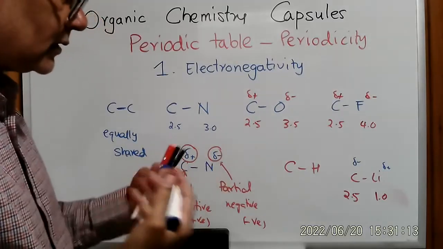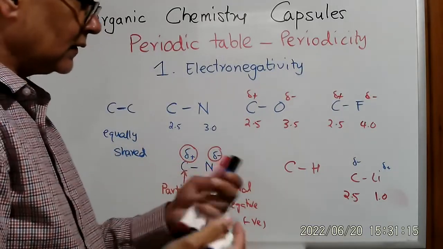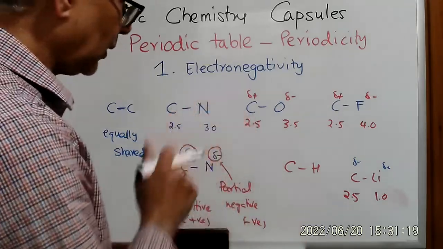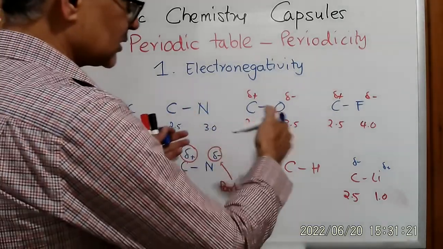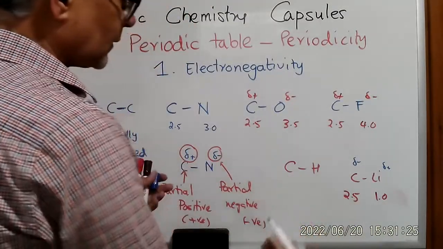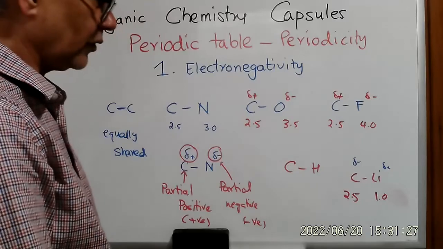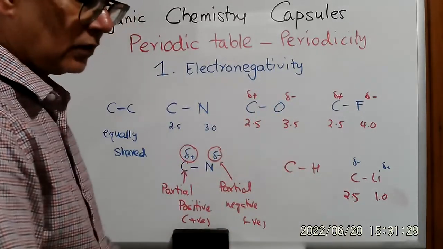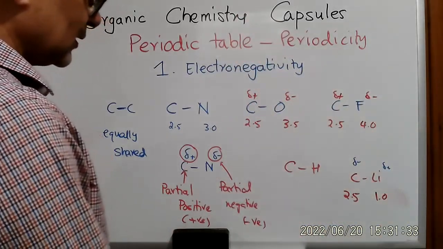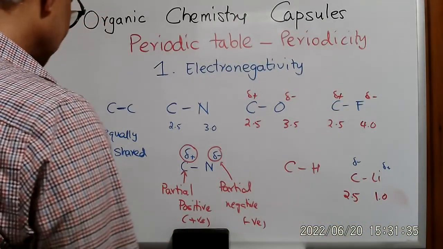This is what enables synthetic chemists to do all sorts of reactions, manipulating these subtle differences in the elements to come up with different compounds useful in many fields. There's no field without organic chemistry, right?